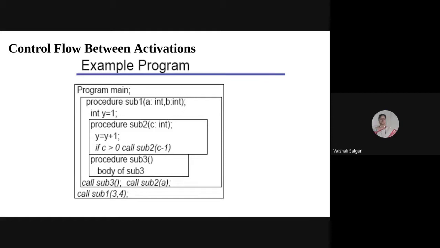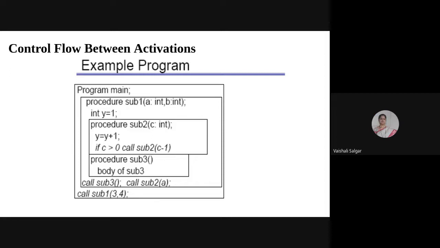You explained that inside the main program there's procedure sub 1, and inside sub 1 there's sub 2, but you also said that sub 3 is inside sub 2. No, sub 3 is inside sub 1. So my sub 1 has two procedures, sub 2 and sub 3. Each procedure is shown in a rectangular box. Is that clear? Yes, ma'am.